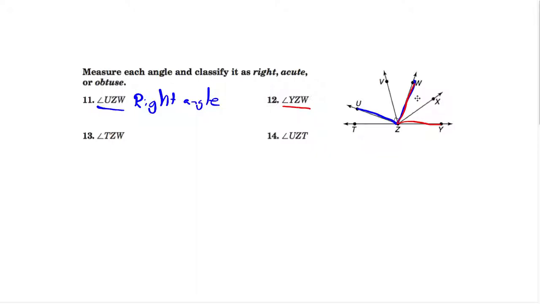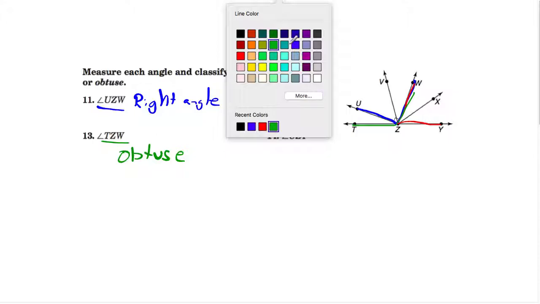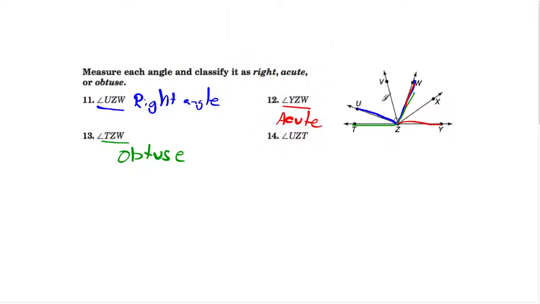And actually, it's inwards on itself, so we can say that this is an acute angle. TZW: notice it includes that 90-degree angle, and then it goes a little bit further, so that is going to be an obtuse angle. Oh, and let's do purple. UZT, right there. We know that that's going to be an acute angle as well.